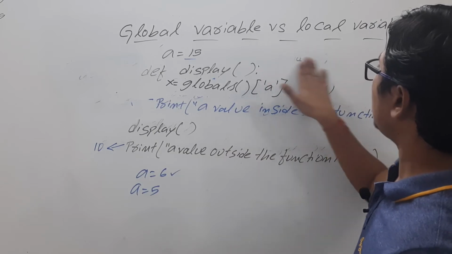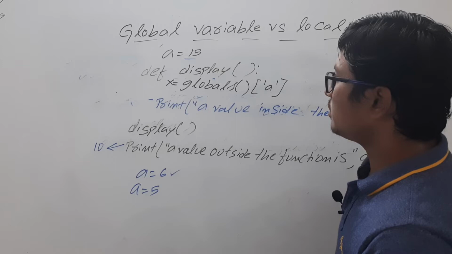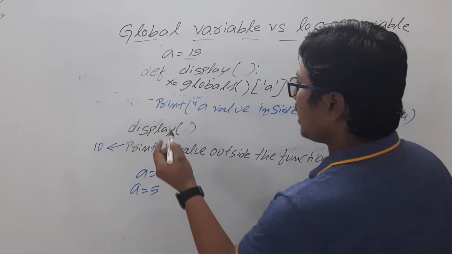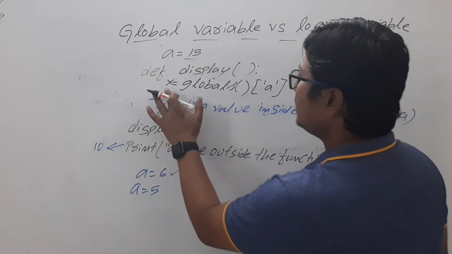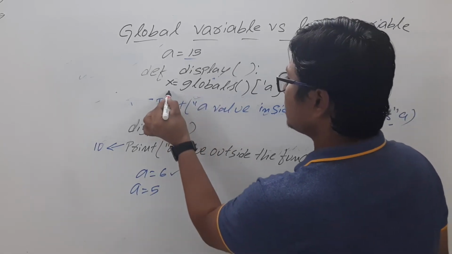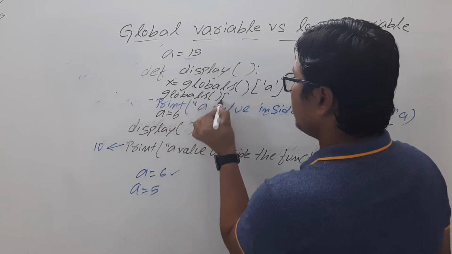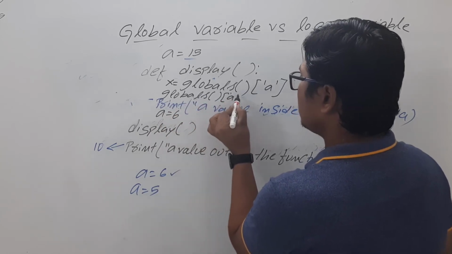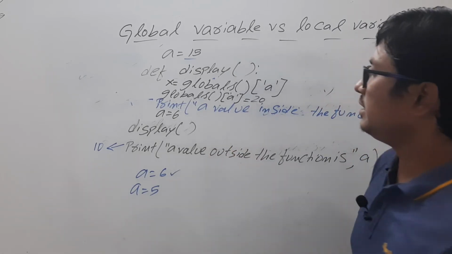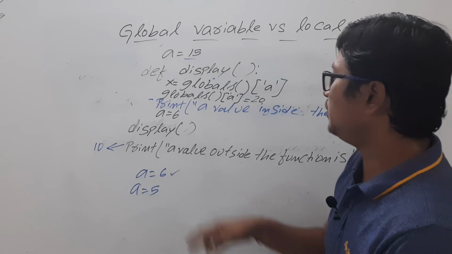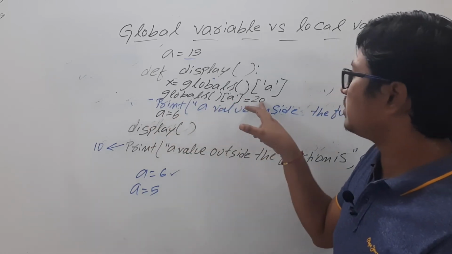Now I want to modify the value. Suppose I am writing a is equal to 6 here after that, and here what I am doing is globals of a is equal to some 20. Then in that case, see, we are accessing the local variable. Here a is a local variable and this one is a global variable.